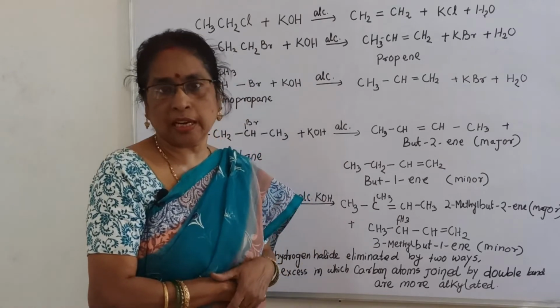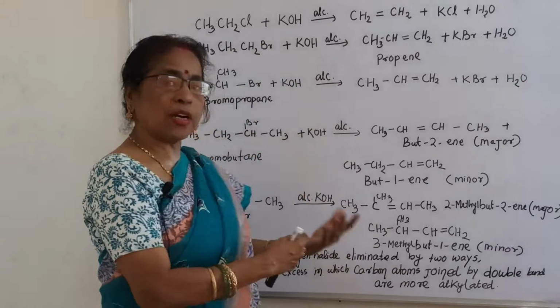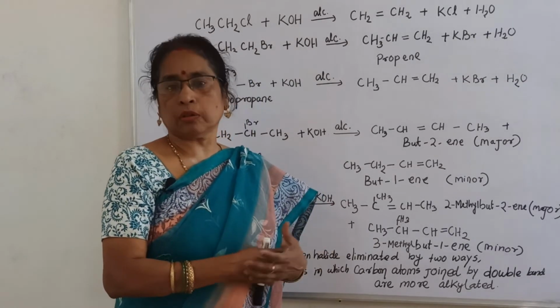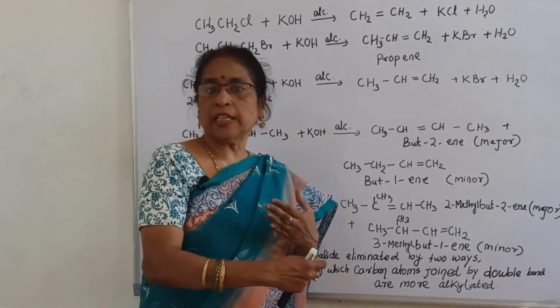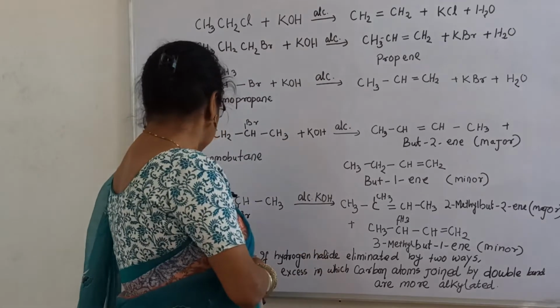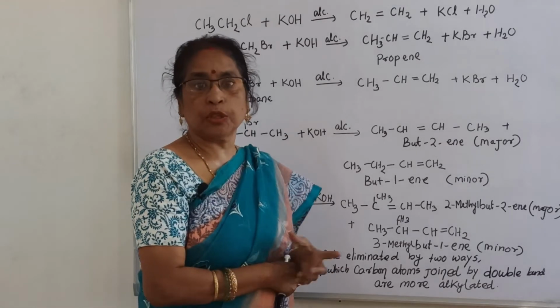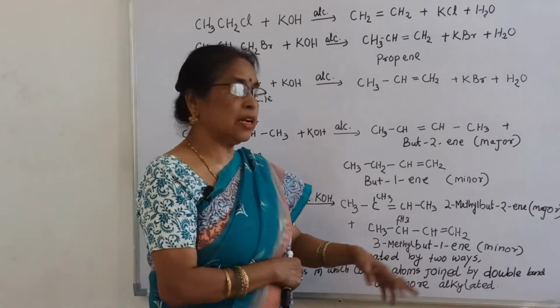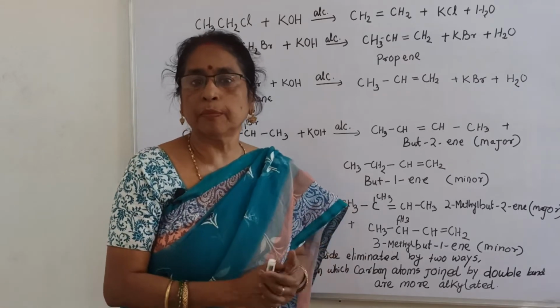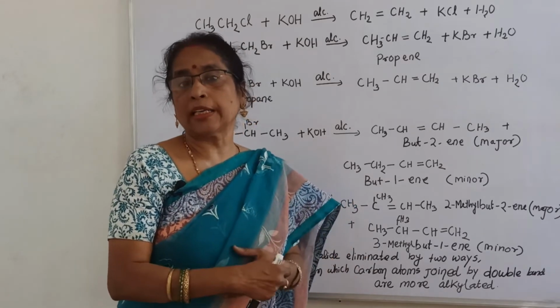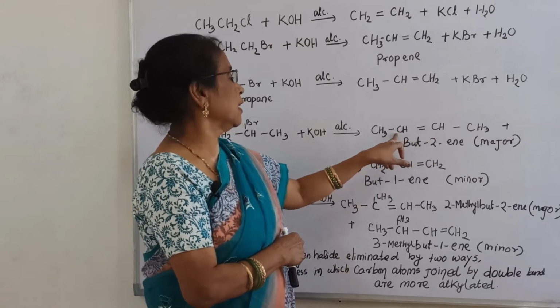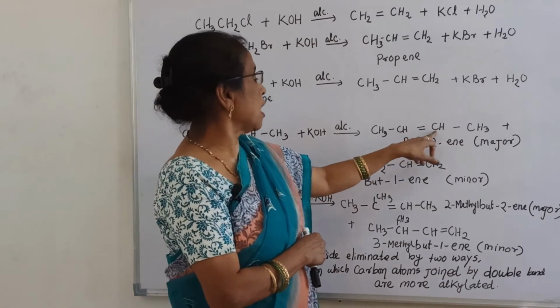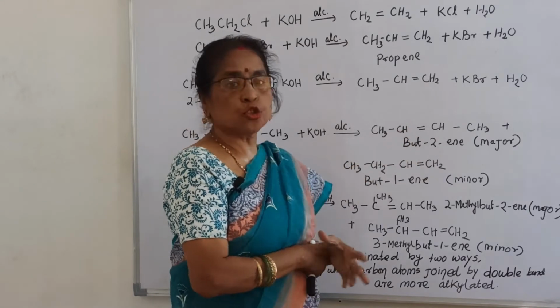If hydrogen halide is eliminated, then what type of alkene forms more? Because there are 2 types of alkene formed, which one is produced more? The alkene formed in excess is the one in which the carbon atoms joined by the double bond, this carbon and this carbon, have more alkyl groups attached.